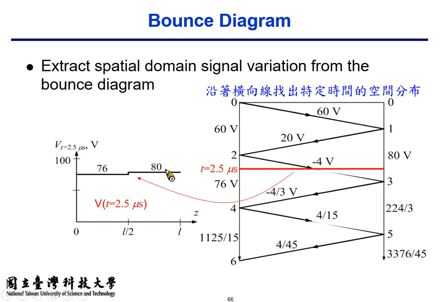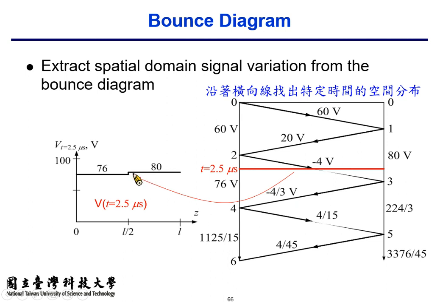And if you draw a horizontal line like this, then you will see the voltage distribution across the transmission line at a certain time instant. For this case, if you draw the red line corresponding to 2.5 microseconds, then you will observe on the left-hand side the total voltage is 76 because you see V plus, V minus, and V minus plus.